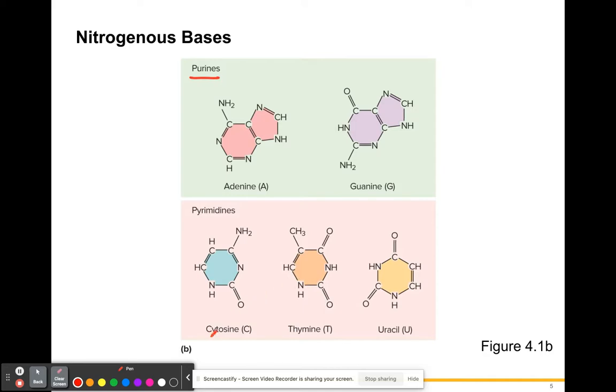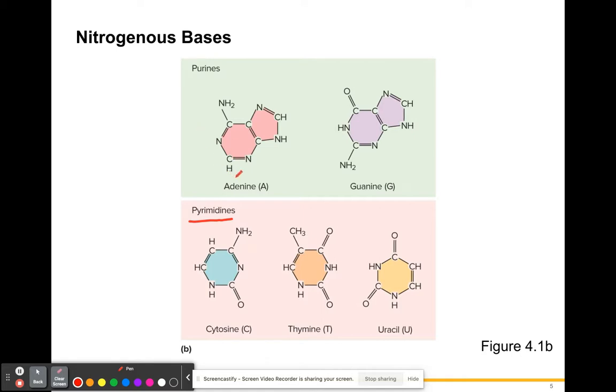And then the other ones, cytosine, thymine, and uracil, are only single ring structures. Obviously we see differences all over the place, but they have the same basic ring structure. Instead of calling them purines, we call them pyrimidines.